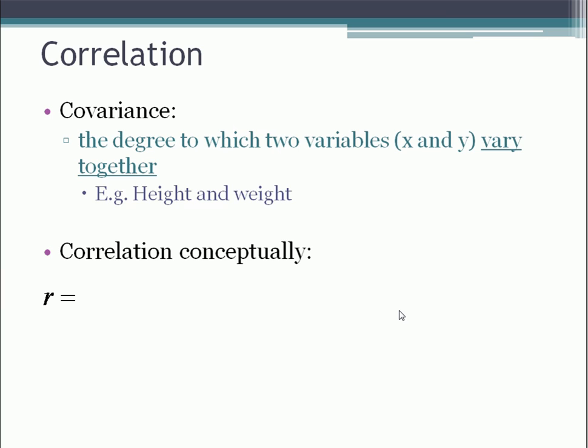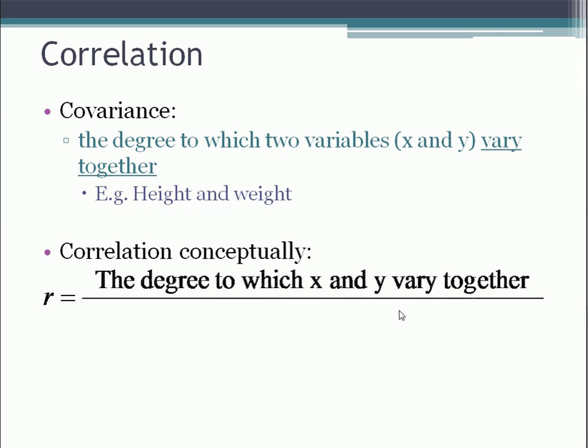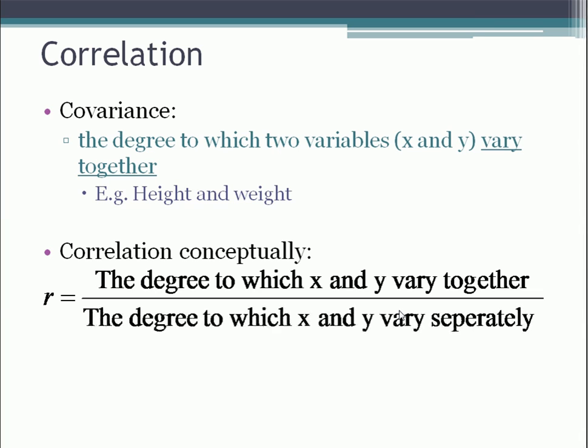So there's variation in people's heights, there's variation in people's weights, right? And that variation is due to a variety of factors. And if we could know all of those factors, we could get 100% of the variability in height and weight. And so what we'd want to know is how much of that variability is shared, right? What things influence both your height and weight together, right? And what things influence both your height and weight separately.